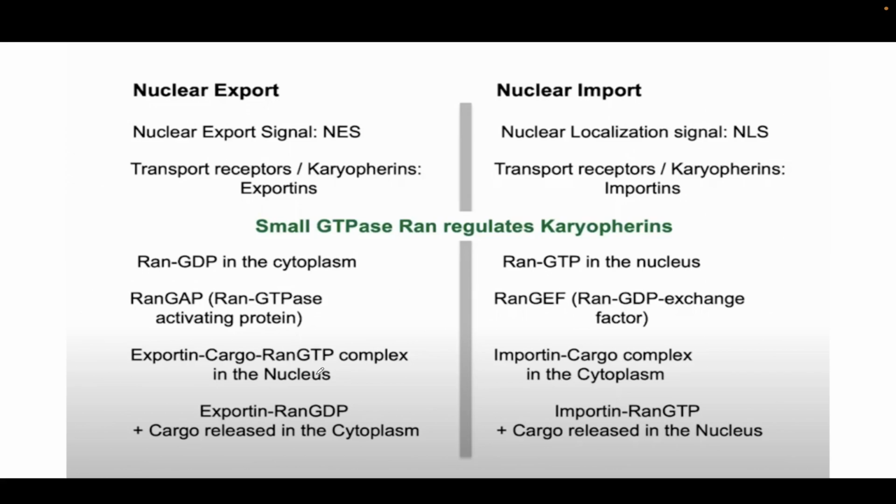This is the process of nuclear export and nuclear import, and here it is shown as the difference between nuclear export and import, where NES is the nuclear export signal and NLS is the nuclear localization signal. Next are transport receptors or karyopherins. In the case of export they are exportins, but in the case of import they are called importins.